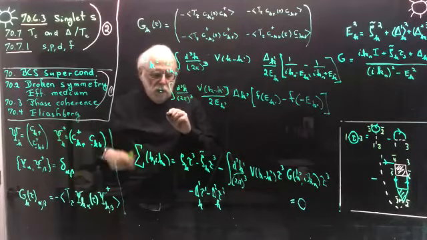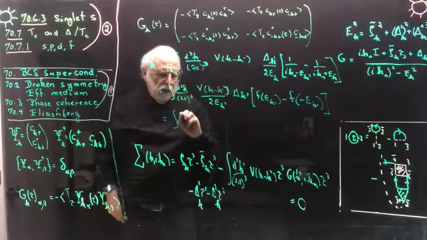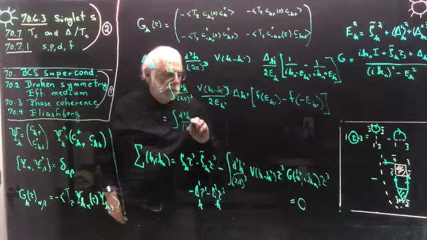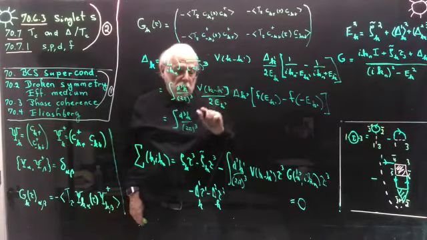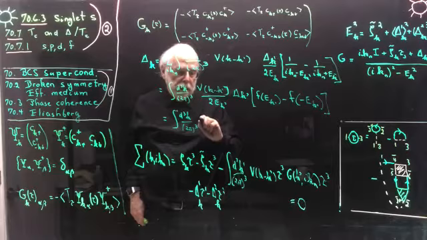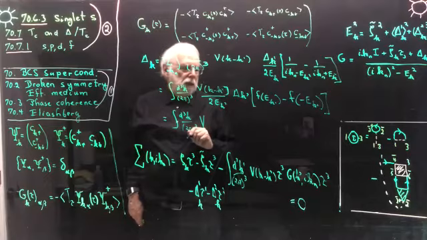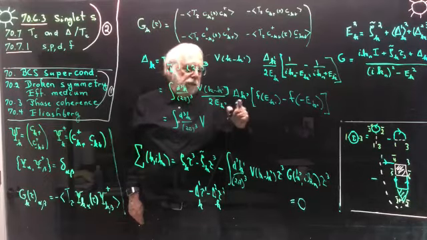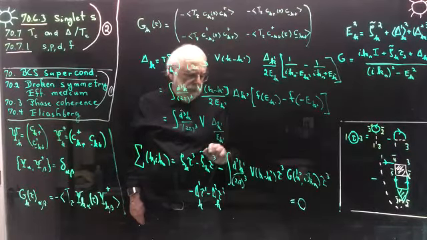So this is equal to the integral d cube k over 2 pi cube. And in the BCS, just for now, if I do the same that we did in the normal state, what I have here is just V. And here I have delta k prime over E k prime.